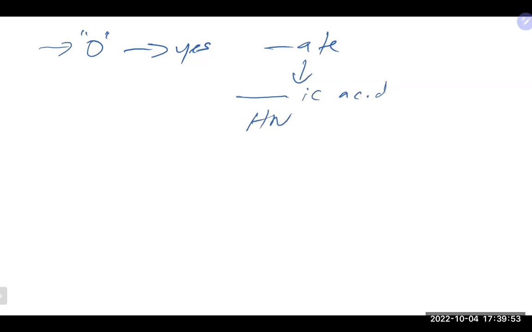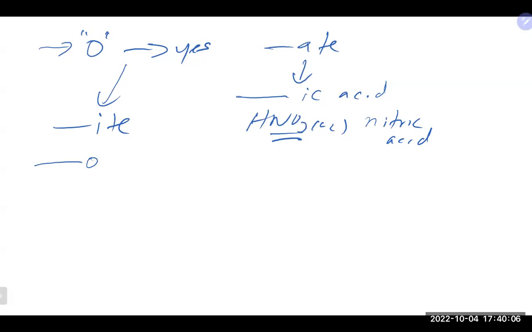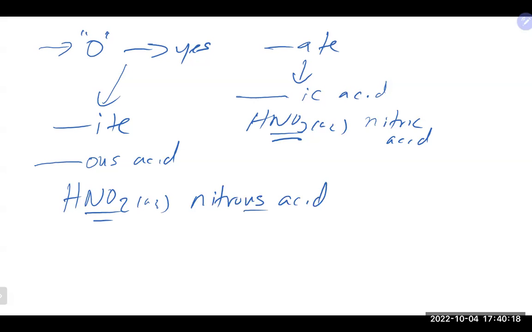Like HNO3, that would be nitrate, being nitric acid. And if your polyatomic ion ends in -ite, then your acid would be -ous acid. Something like HNO2, which is nitrite, would be nitrous acid.